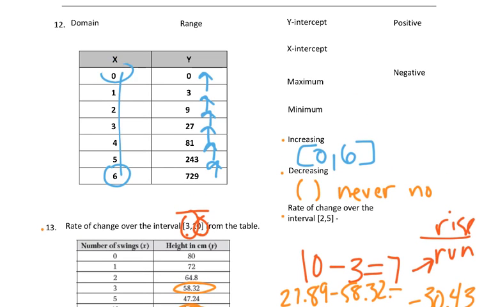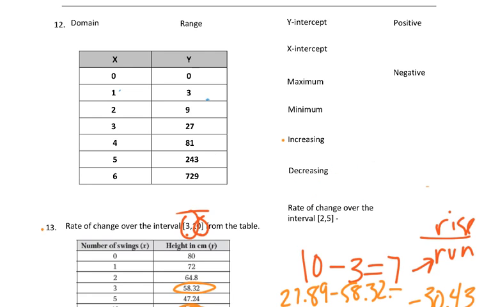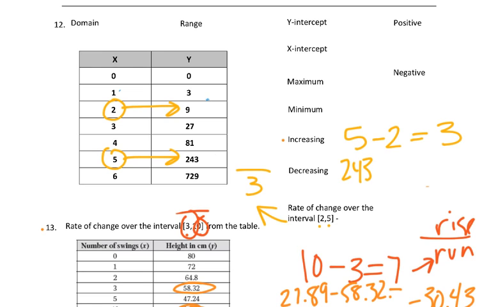Okay, on number 12, because now we're working our way backwards with rate of change. Okay, my rate of change is from 2 to 5. So 5 minus 2 gives me my horizontal, which is 3. Then I'm going to go 243 minus 9 to get my vertical, which I probably should know how to do in my head, because I'm holding a calculator, I rely on it. 234.